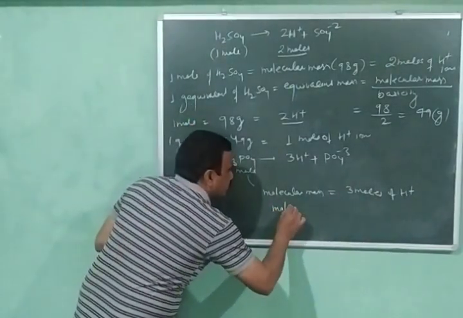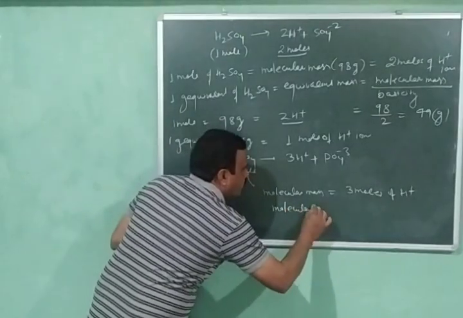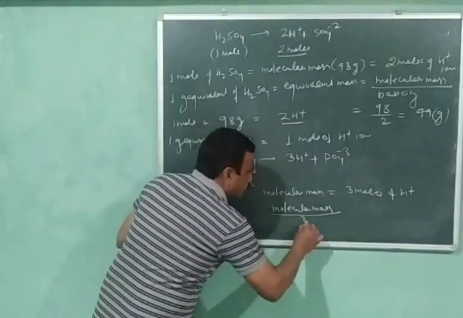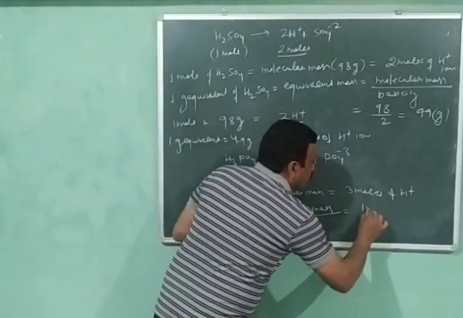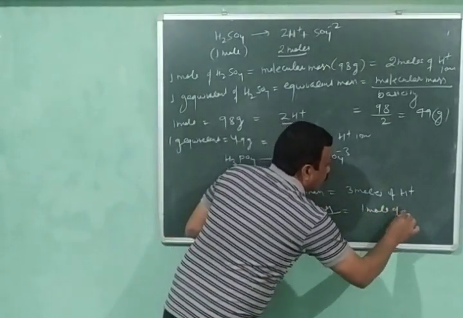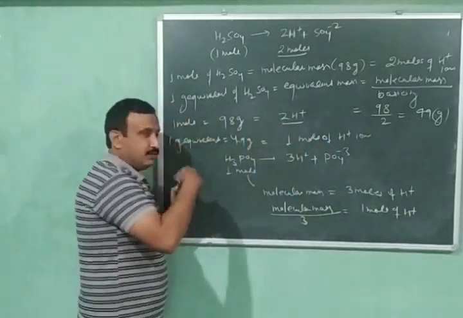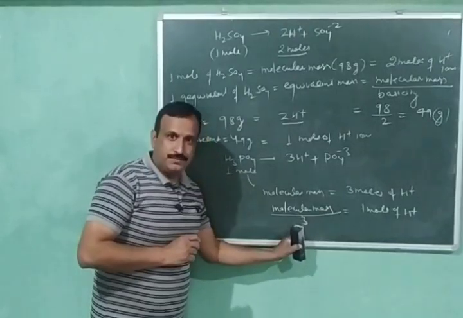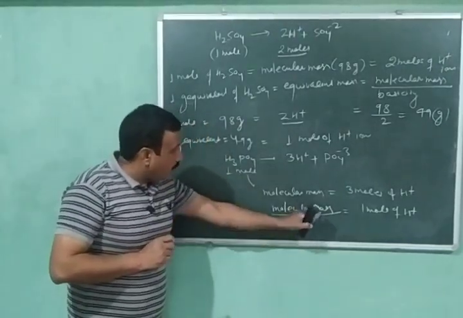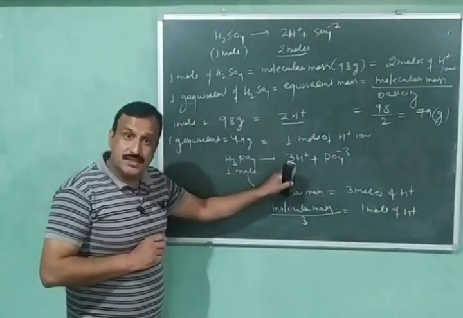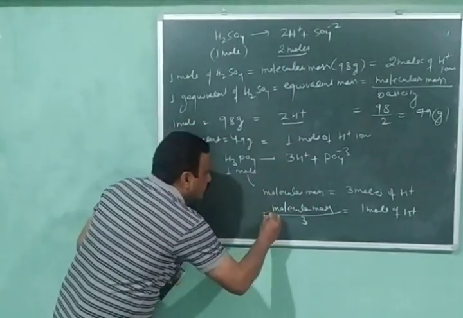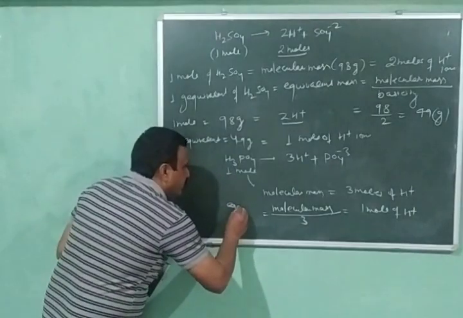Molecular mass divided by 3 will be equal to 1 mole of H positive ion, because I have divided both sides by 3. And what is this molecular mass divided by 3? This is molecular mass divided by what? Basicity of phosphoric acid, and it will be equal to its equivalent mass.